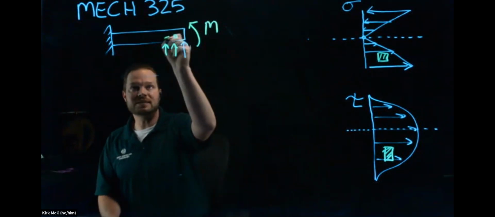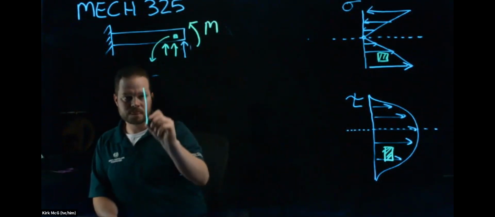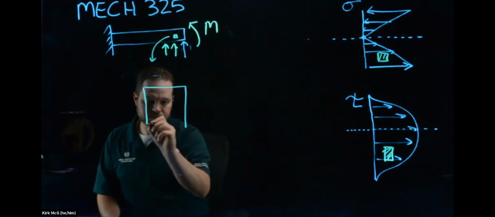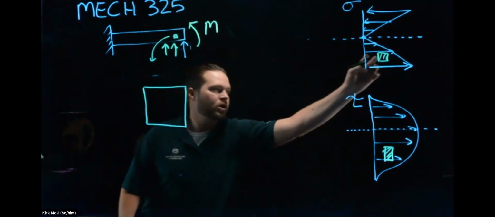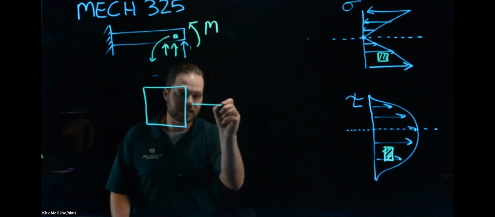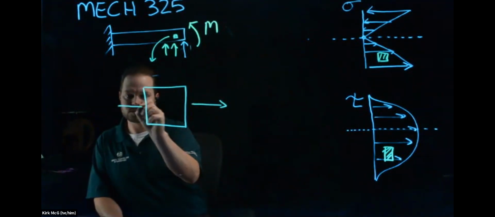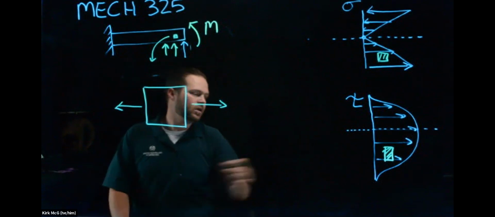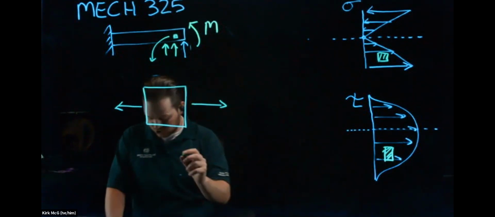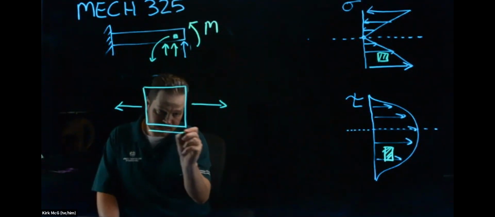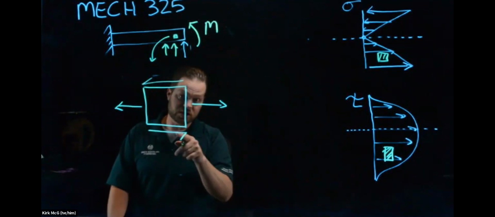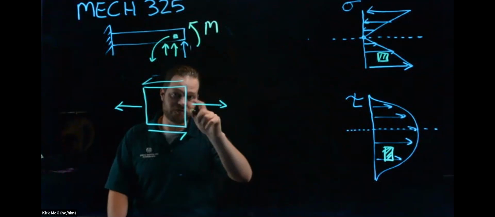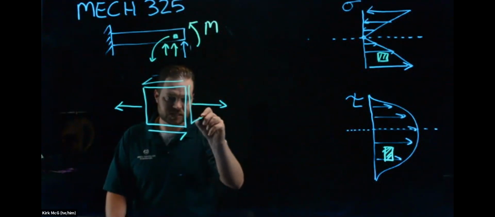So what we can do is I can take this component, let's just blow it up for a second, and I can look at the stresses on this. So we're in here, so let's just say we have some tensile forces, okay? We have some shear forces, so I'm going to draw those like this. And what we'll learn is that these shear forces, they actually act on all faces, so they would have to be like this.